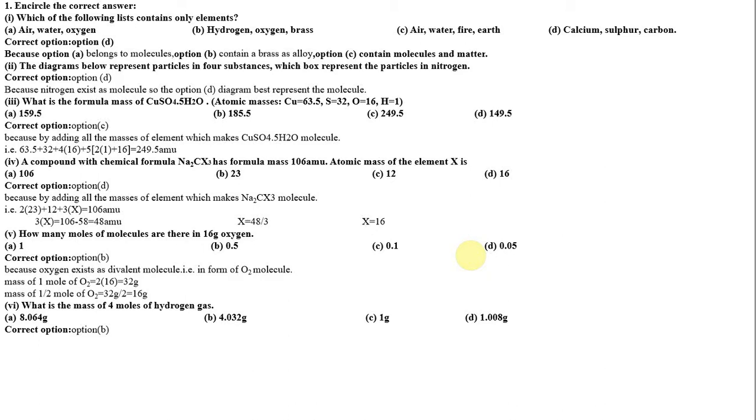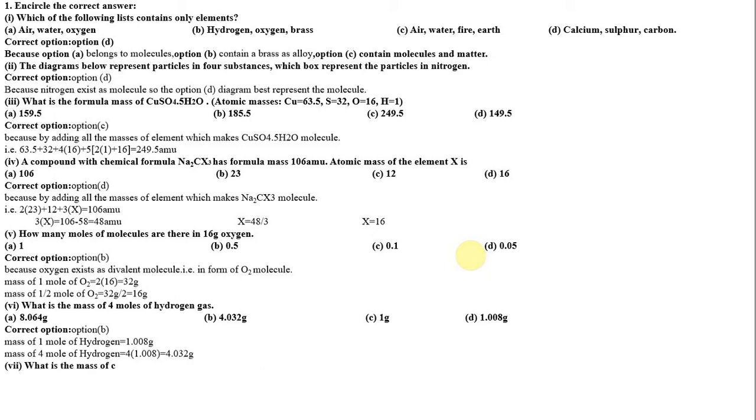Correct option is option B. As hydrogen exists as H2, तो अगर हमारे पास 4 मोल्स ऑफ हाइड्रोजन गैस हैं तो क्या होंगे 4.032 ग्राम, क्योंकि mass of 1 mole of hydrogen है वो 1.008 ग्राम है. Then we will multiply it by 4, we will get 4.032 ग्राम.